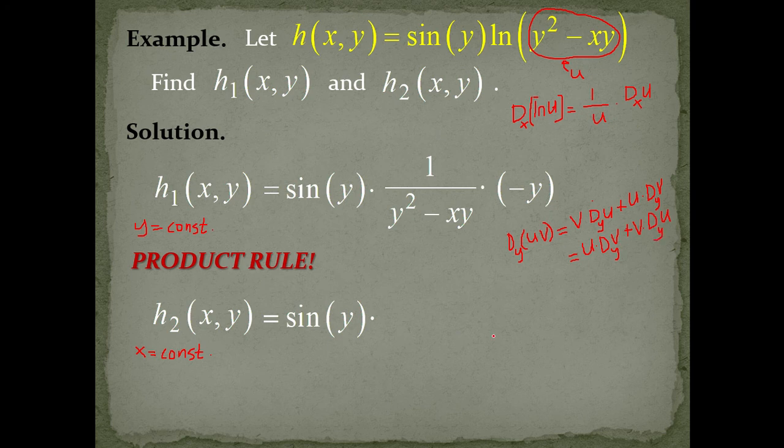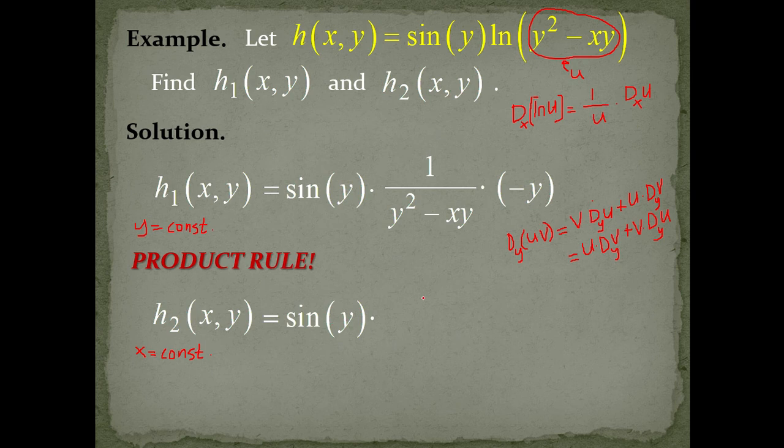The first and second term can be interchanged. Now for problem number 2, this is our u and this is our v. The whole thing here is our v. Therefore, you just copy u, which is sine y.